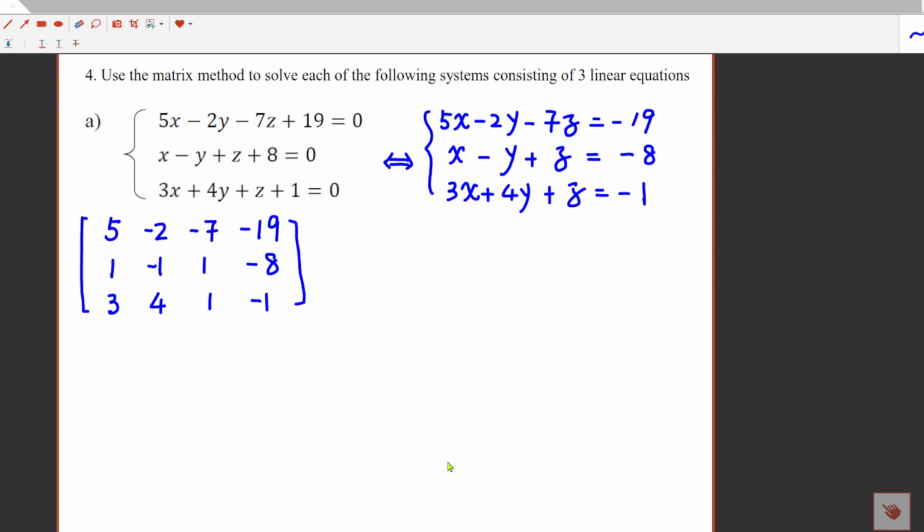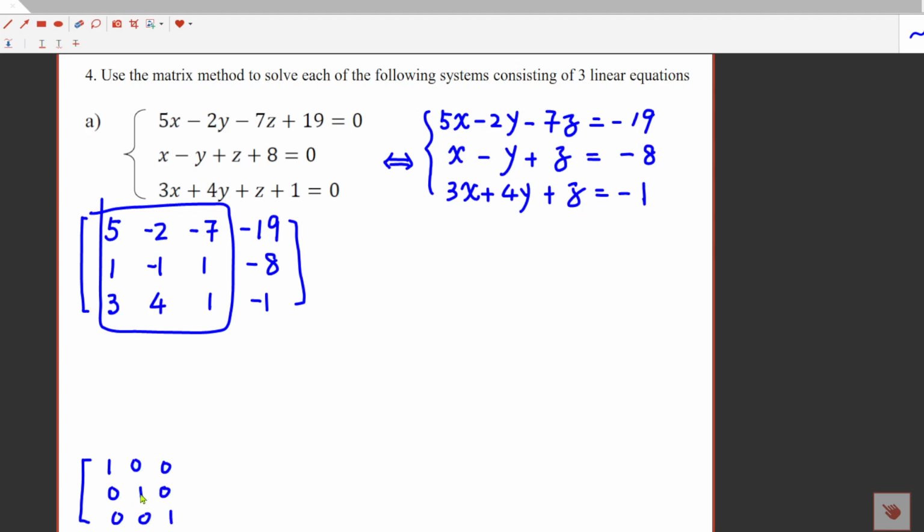Remember that our target is to convert this matrix to RREF form, which means for this 3 by 3 coefficient matrix, we want a matrix like this. Of course, there might be zeros like this, right?